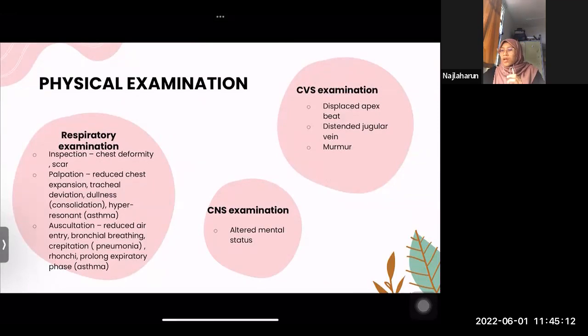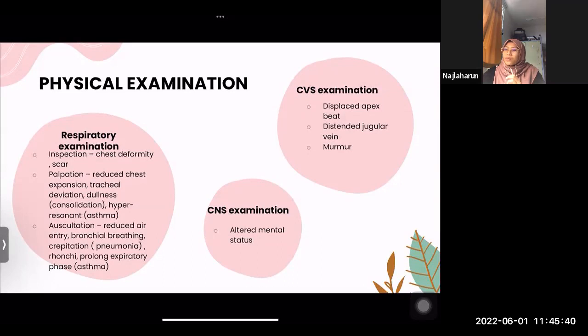For auscultation, we need to listen for air entry, whether it is reduced bilaterally or unilaterally, and abnormal breathing like bronchial breathing, which might be a clue for pneumonia. Any additional sound like crepitations is also a clue for pneumonia, and other additional sounds like rhonchi or prolonged expiratory phase might be a clue for asthma.